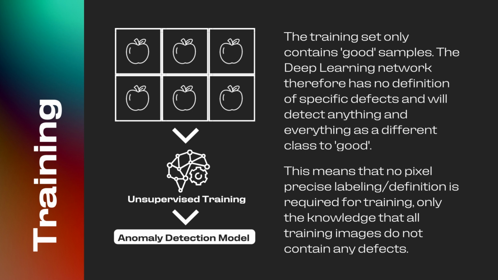Of course, a lot of the time when we do training sets for deep learning, if there are any errors in the labeling, in other words, putting those defects into the right classes, then there's a serious problem. So the fact we don't have to actually label our training set is a big advantage.